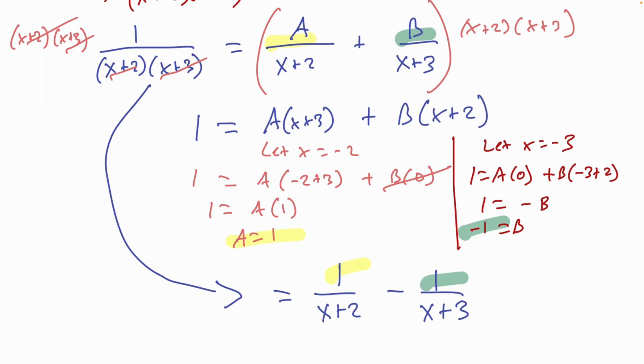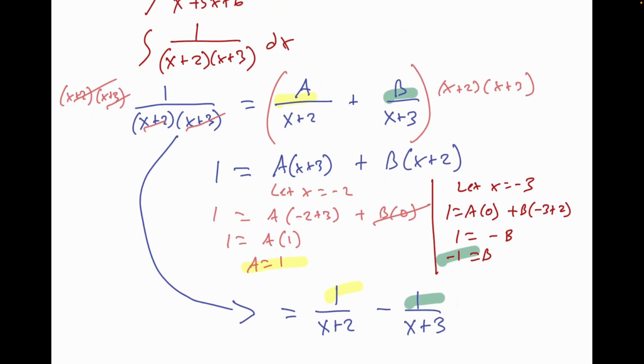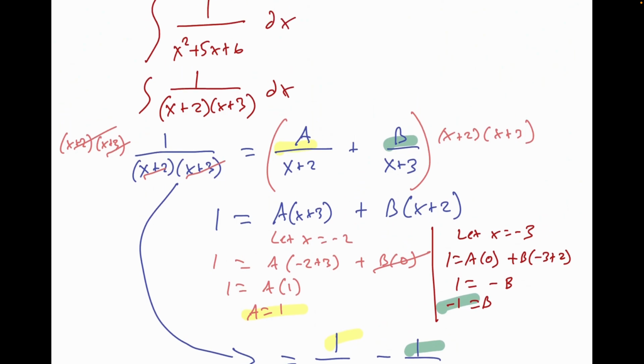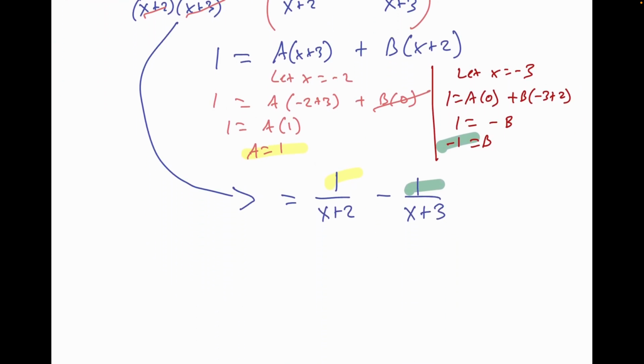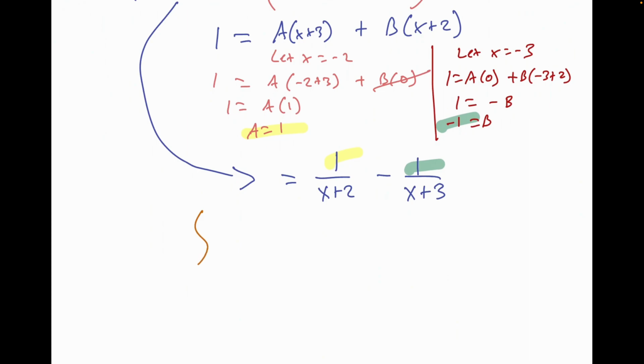Okay, so what's the whole point of all of this? Now, instead of our original integral of 1 over x squared plus 5x plus 6, we can rewrite that as the integral of 1 over x plus 2 dx minus the integral of 1 over x plus 3 dx.